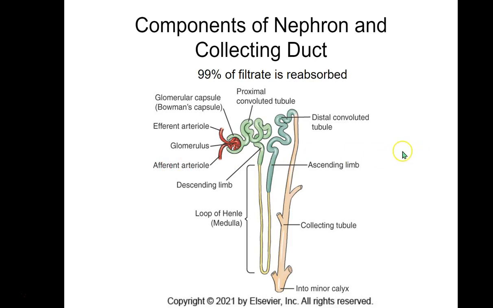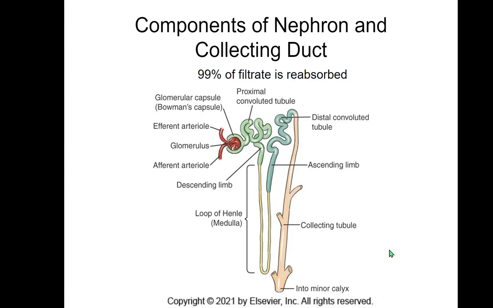Imagine this up here, all of this is cortex. Everything below the line lives in the medulla. The loop of Henle, the collecting tubules, again, those are all in the medulla of the kidney. So again, think about the renal pyramid. These structures are living more in the renal pyramid.